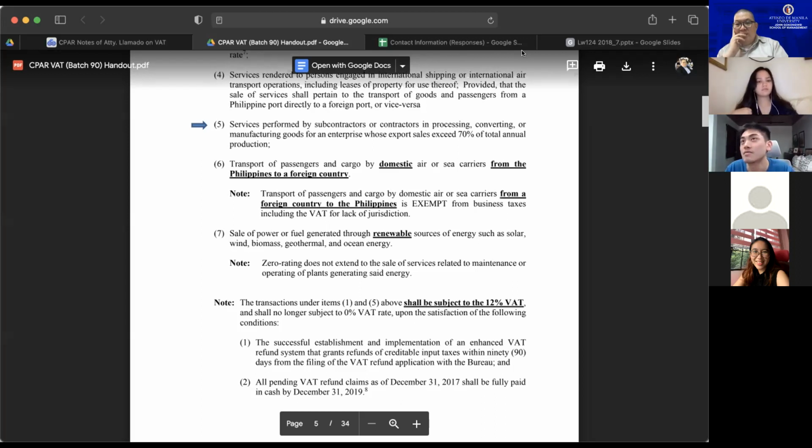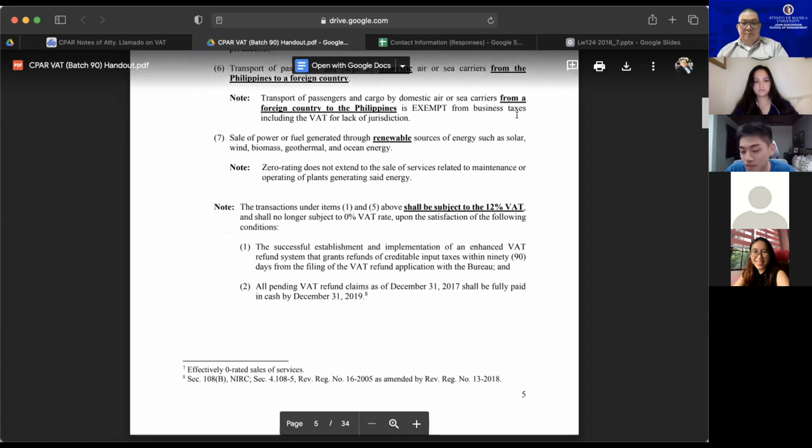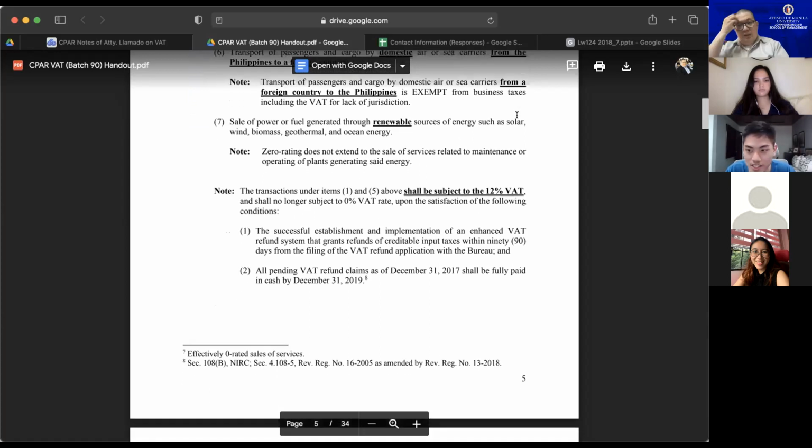Pero I can, pag zero rated sale, I can credit the input tax. Paano mo i-credit? Yung 12,000 na input tax, I can get a refund. Yes. You can get a refund from the government by claiming the 12% input VAT. That's your one option.